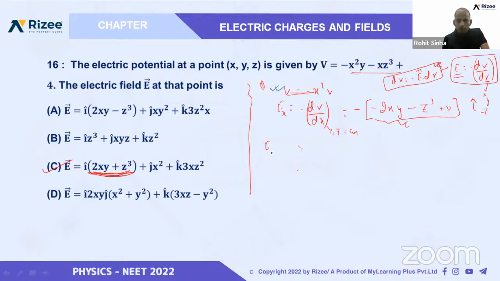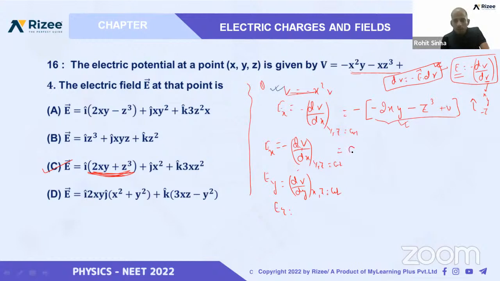The first component Ex will be minus dV by dx. When we are differentiating with respect to x, then y and z will be constant. Similarly, when we are finding Ey, it is dV by dy, and x and z will be constant. Similarly for Ez also.